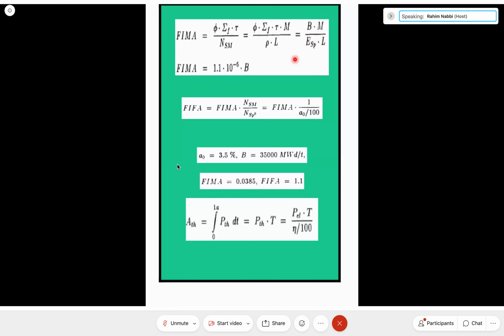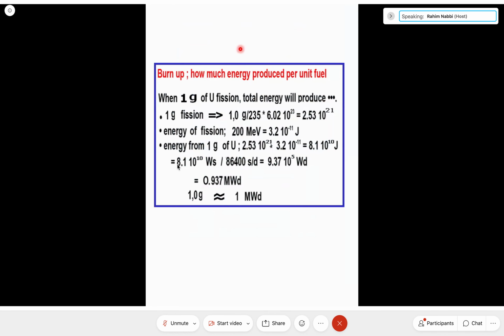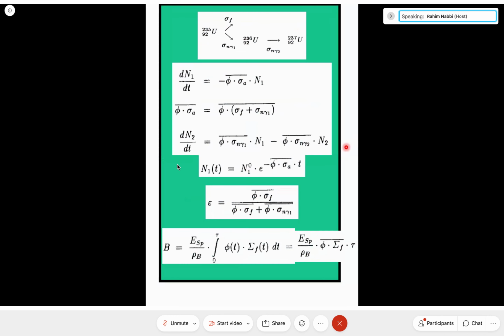But I would like to have your attention to one point. It is very important. This definition, or even the last definition, where was it? Here. See, burn up, megawatt day in the numerator, divided by gram or kilogram or tons of heavy metal. Important is here, you see flux and sigma F. One has to put here the mean value.